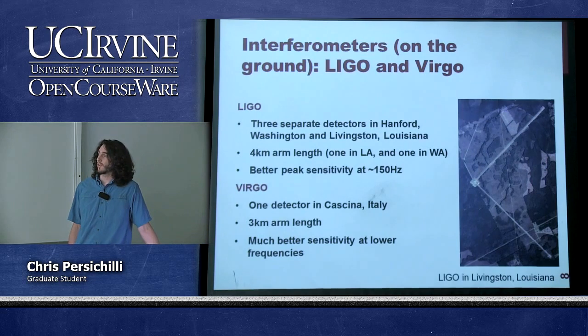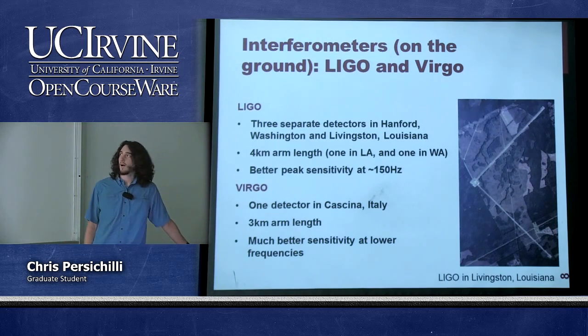Okay, so we can talk specifically. The two most competitive experiments currently characterized as ground-based interferometers are LIGO and Virgo. LIGO is a set of three interferometers, one of which is smaller than the other two. The two big ones both have 4-kilometer arm lengths.